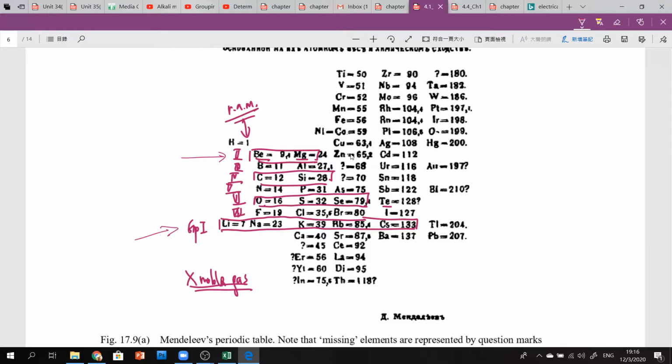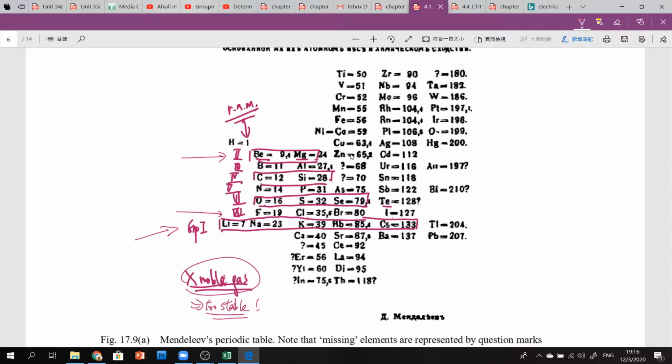How about group 7? Group 7 is here: fluorine, chlorine, bromine, and iodine. We have got similar results. Do you find any noble gas here? No noble gas here, because it's too stable to be discovered at that time. So of course, Mendeleev did not have those gases in mind, so they could not get any patterns for further study.